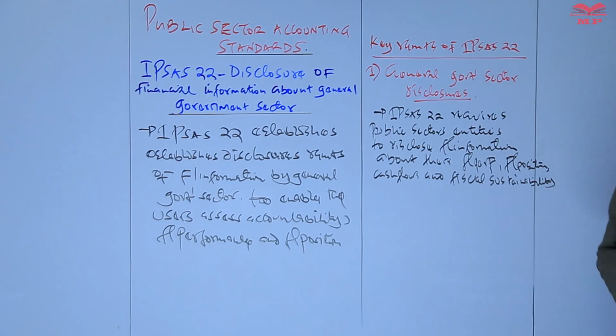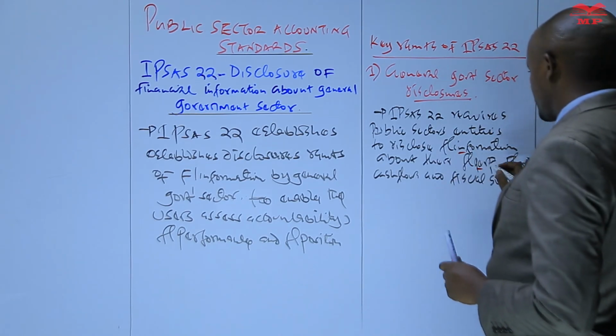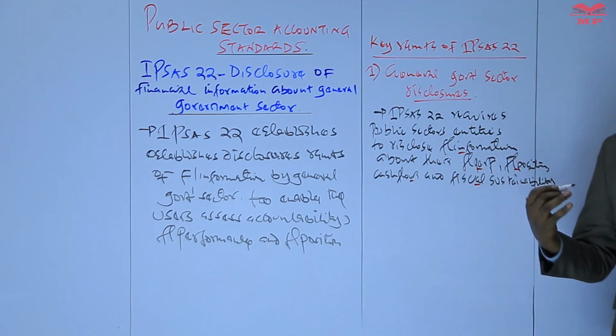So therefore, public sector entities are required to disclose information on their performance, cash flow, and their physical sustainability.